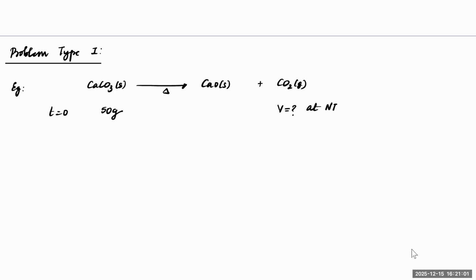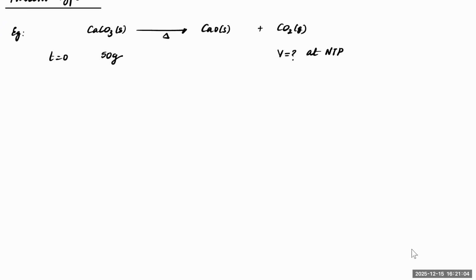The first type is, let me take this example. I have calcium carbonate, which on decomposition will convert into calcium oxide plus carbon dioxide gas. Given is 50 grams of carbon dioxide, and we need to find out the volume of carbon dioxide at NTP. This is one type.